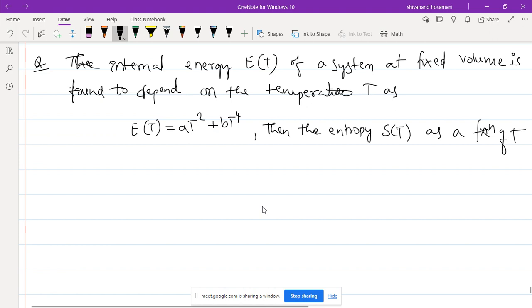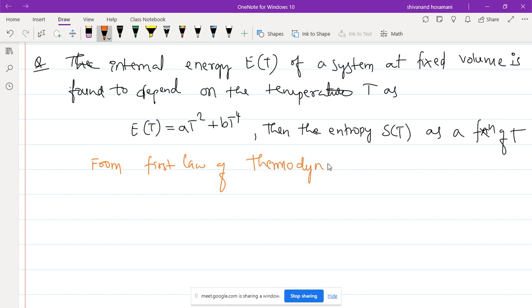What is the first law of thermodynamics? From the first law of thermodynamics we can write delta Q is equal to delta U plus delta W, isn't it?